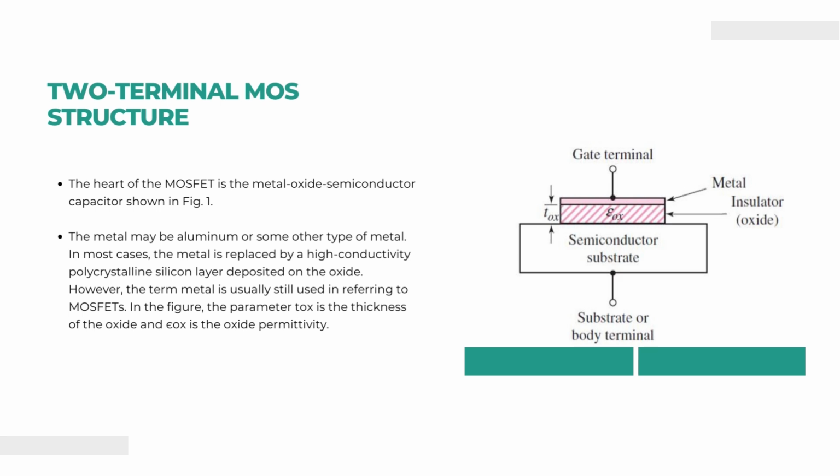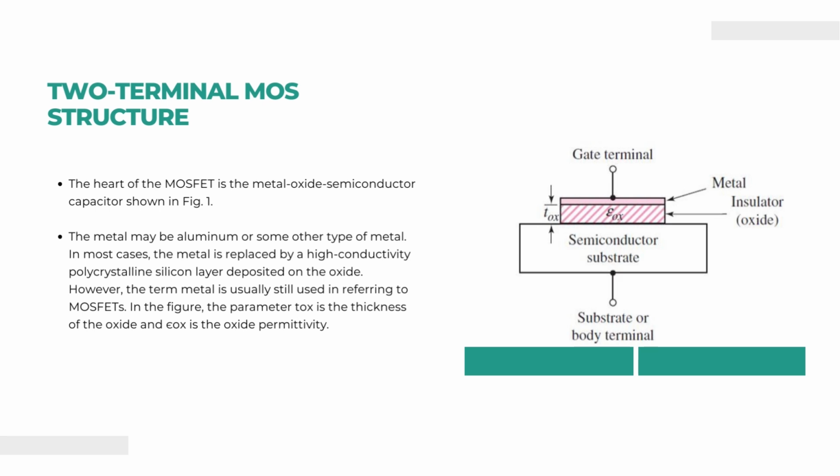This replicates a capacitor structure, if you remember. In a capacitor, what is there? There are two metal plates with a dielectric layer in between them. Here the dielectric is replaced by the insulator, and the two plates are the metal and the semiconductor layer. So, this forms the basic MOS capacitor structure.